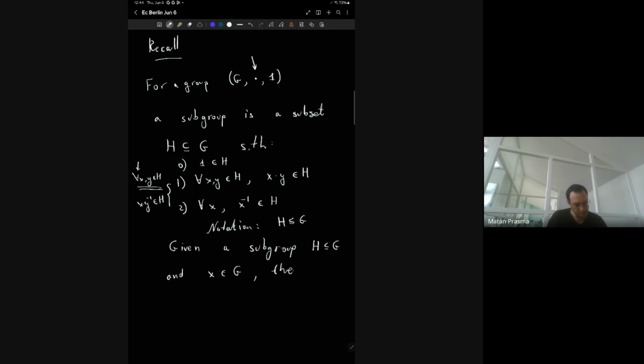the left coset of H with respect to X is the set, denoted X dot H, or just XH.